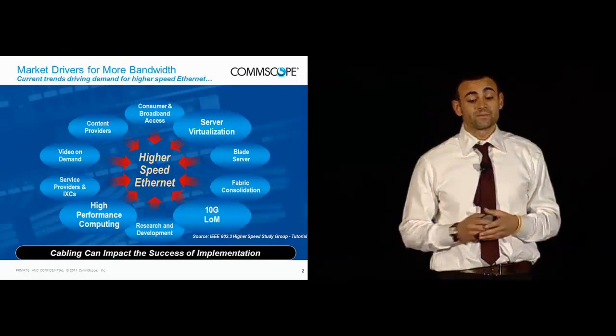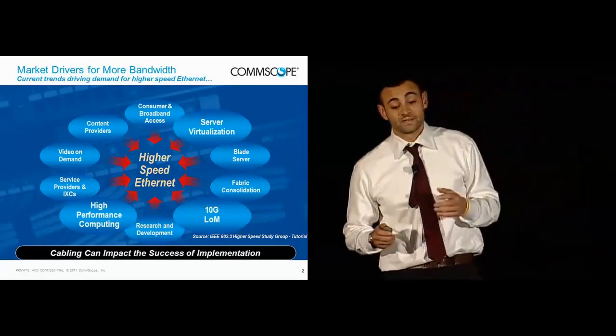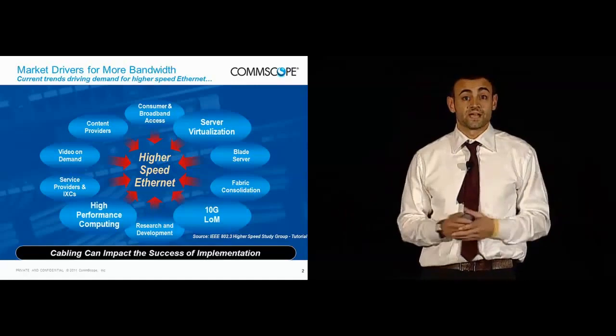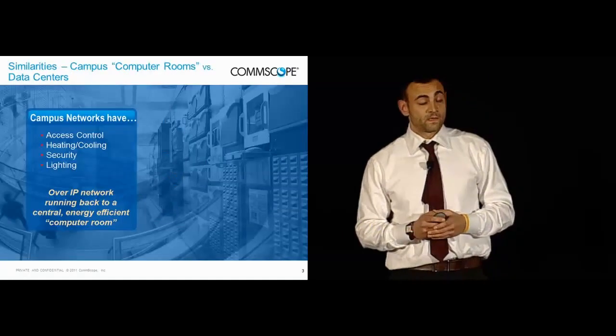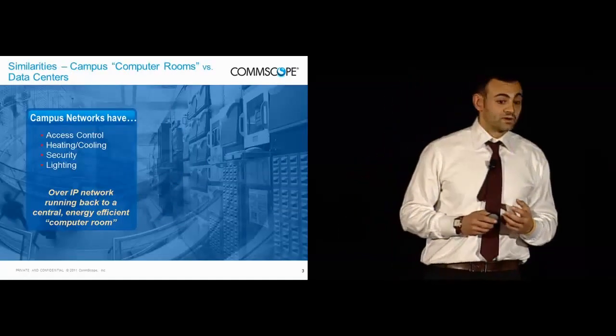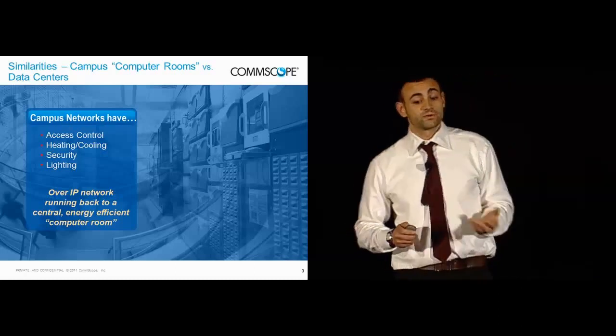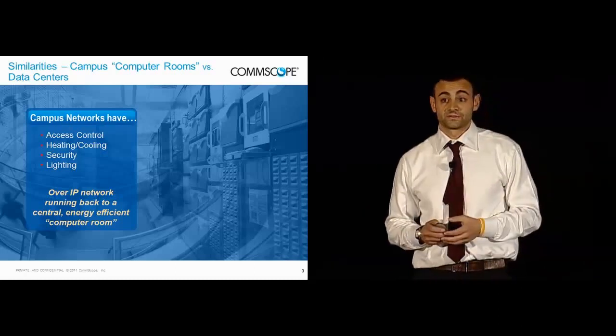Cabling can have a major impact on the success of the implementation of some of these applications. So let's take a second and talk about some of the similarities between computer rooms, campus computer rooms, and data centers.